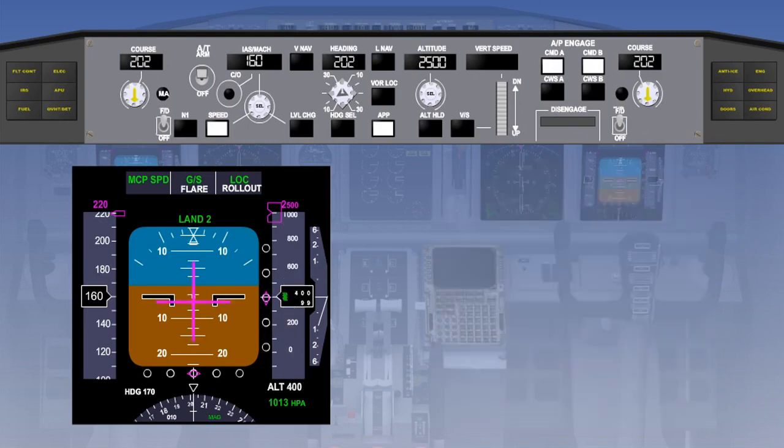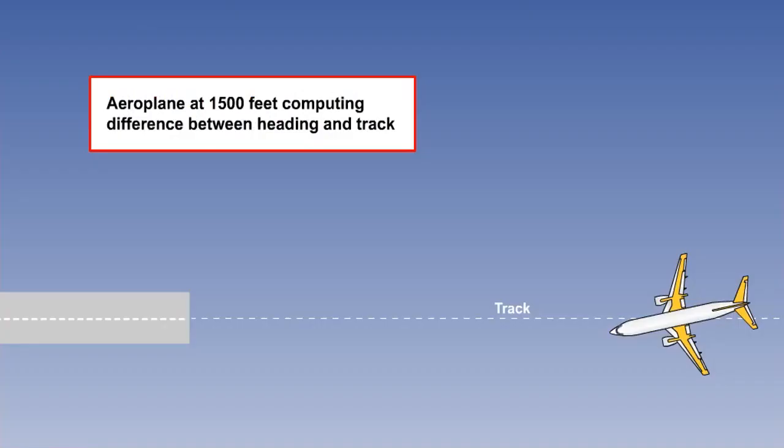At 300 to 400 feet radio altitude, the auto trim system stores a nose-up trim signal in preparation for flare mode. During the approach from about 1500 feet, the yaw channel will compute the difference between the aeroplane's heading and its actual track across the ground.